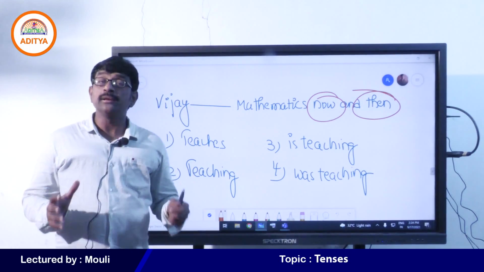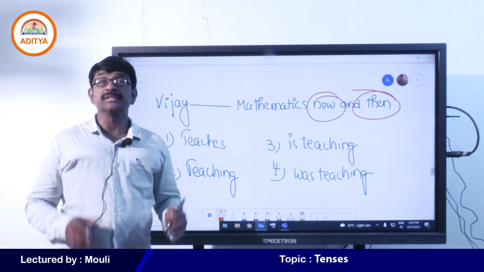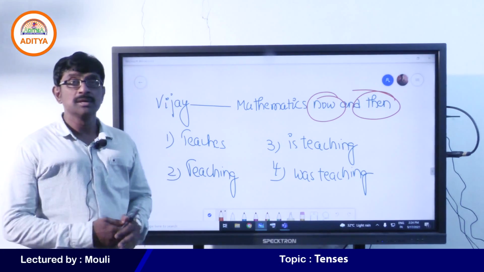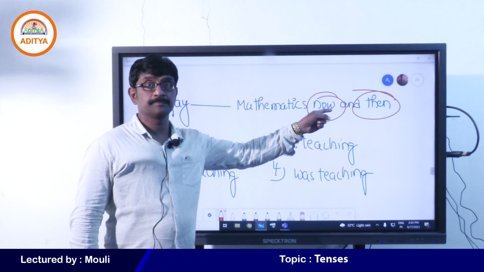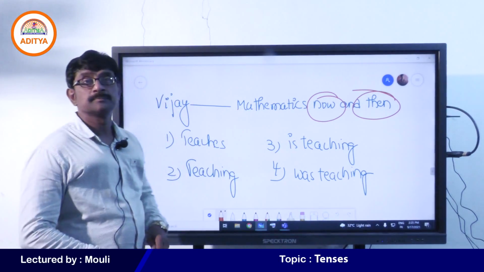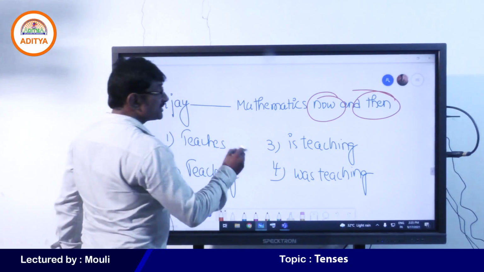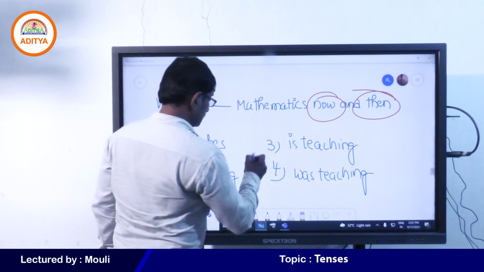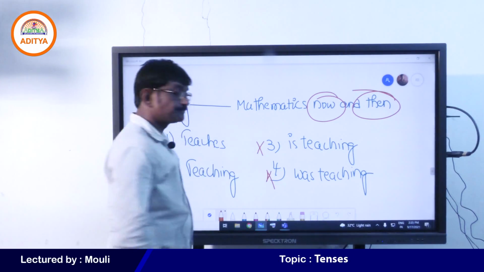It is not alone now, it is now and then. So Vijay dash mathematics now and then. Here, now and then does not refer to continuous tense. So these two are cancelled.